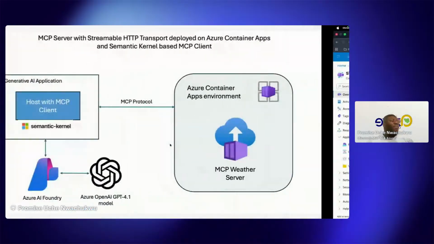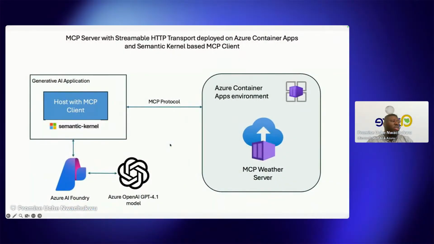So, guys, what I've been able to explain to you is I've been able to show you practical implementations on how you can actually connect your MCP server through MCP protocol to your AI application, and how you can interact through your agent, probably hosted in AI Foundry or running locally, right, to any of your MCP servers.